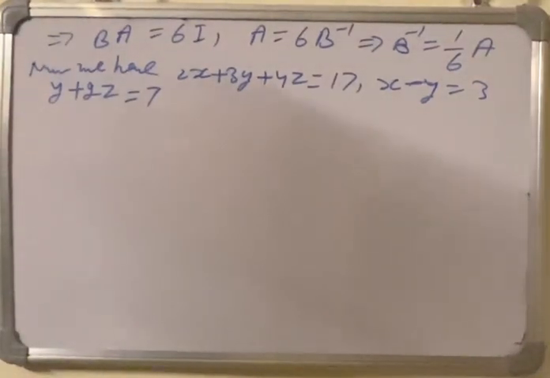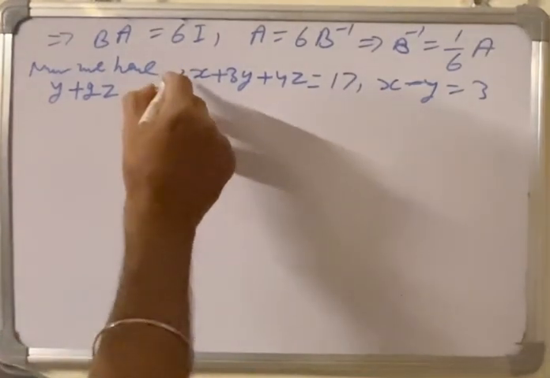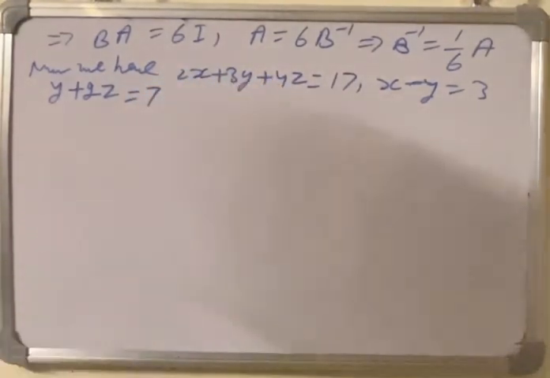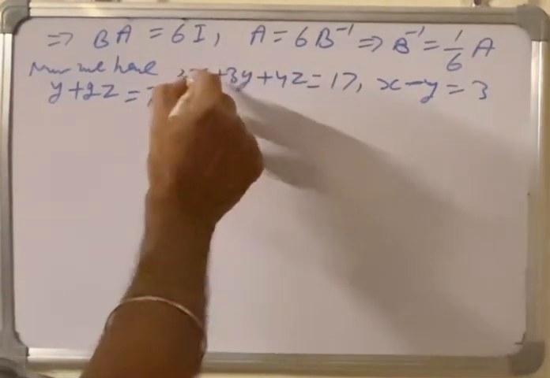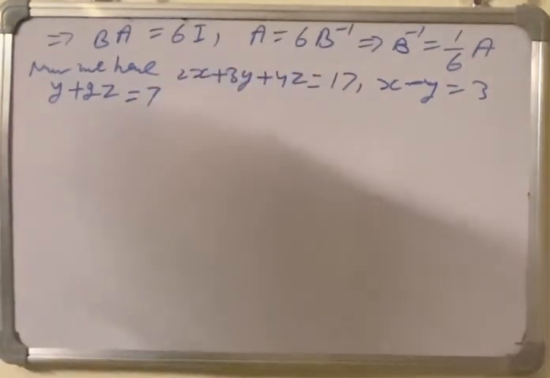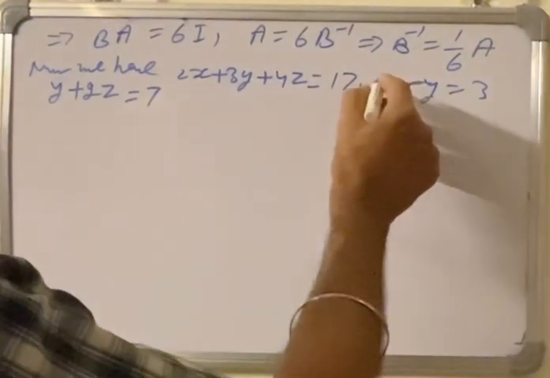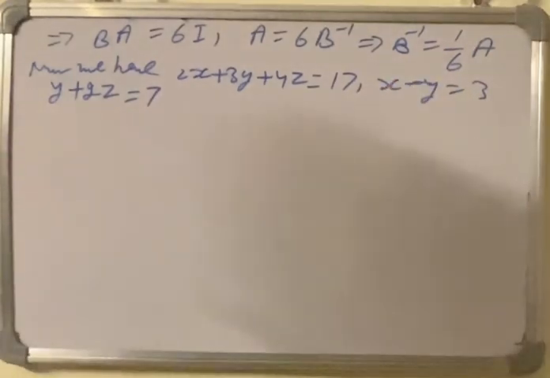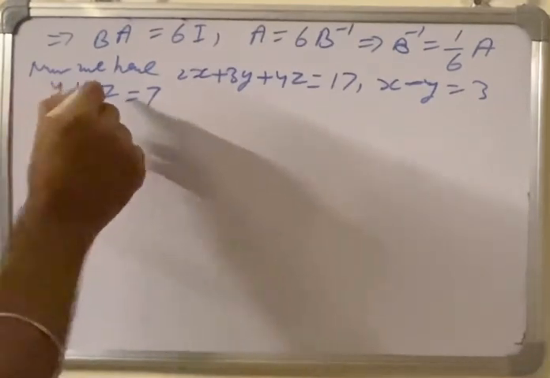Now we can see that in the matrix B, the second row is 2, 3, 4, the coefficients of this first equation, and the first row, 1 minus 1 0, is the coefficients of the second equation, and the third row, 0 1 2, is the coefficients of the third equation.